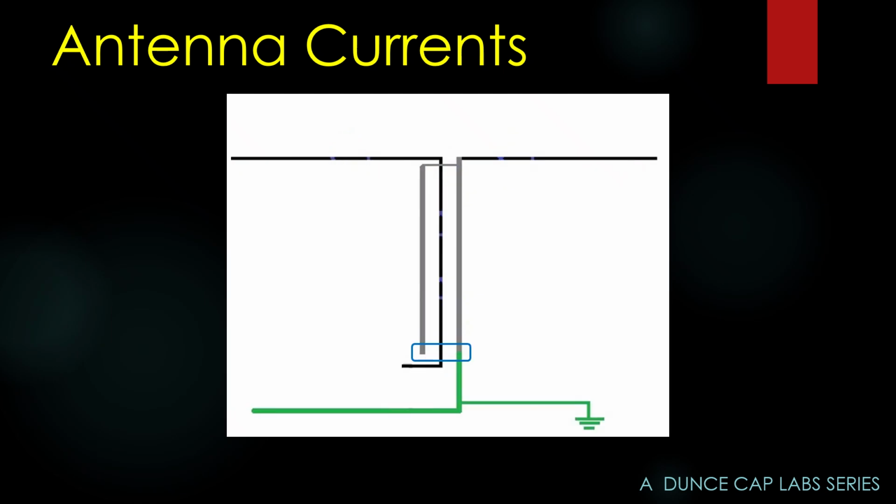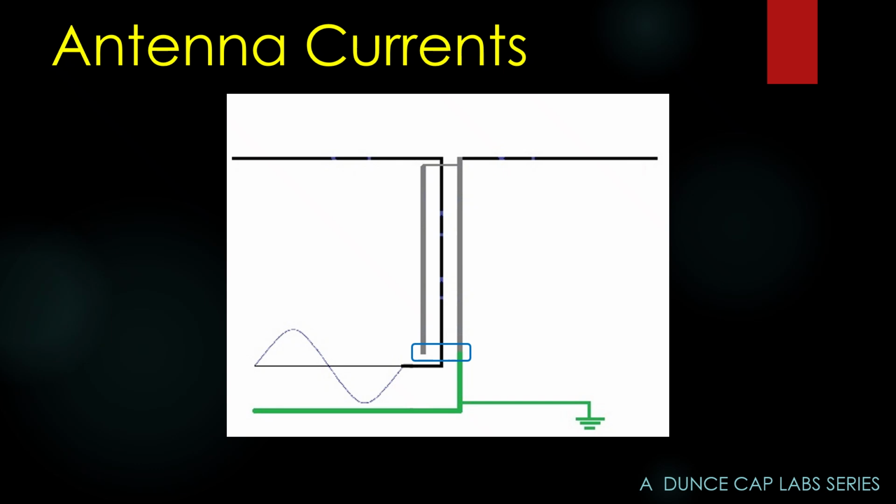In fact, let's take a good close look at this, because this is where we get into a lot of trouble. Notice this is the antenna connector. This green is the cabinet of your radio. It's tied to ground through the third wire, or your station ground or whatever. Okay. Now, the transmitter generates this sine wave RF signal.